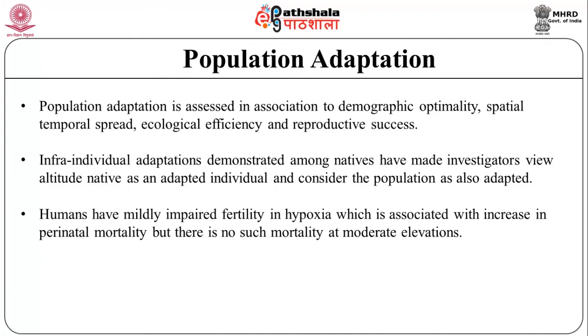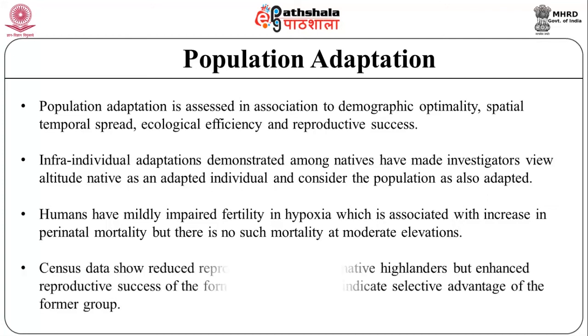Humans have mildly impaired fertility in hypoxia, which is associated with an increase in perinatal mortality, but there is no such mortality at moderate elevations. Census data show reduced reproductive success of native highlanders but enhanced reproductive success of the former, with sojourners indicating selective advantage of the former group.